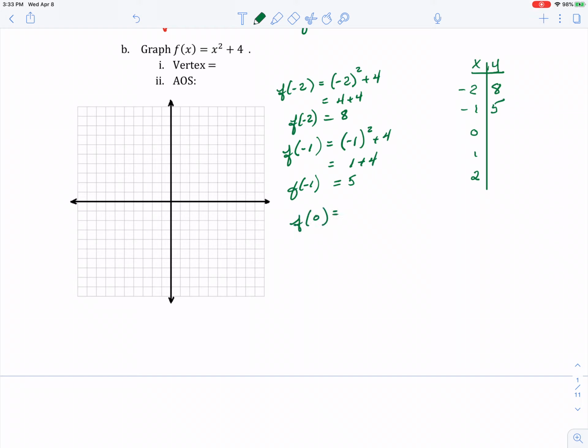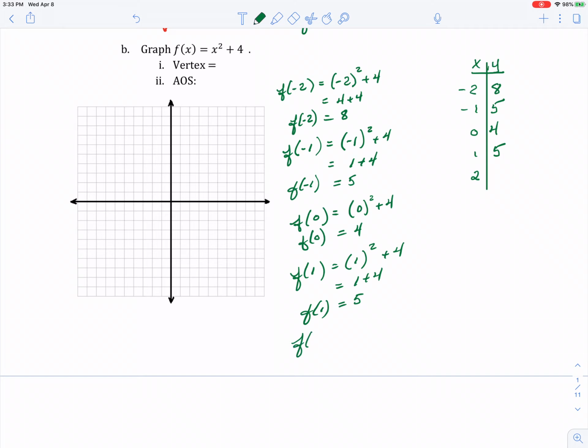0 for x. So when x is 0, y is 4, and then we have 2 more, and this is again where we can start to see the symmetry, the repeat. So when x is 1, y is 5.